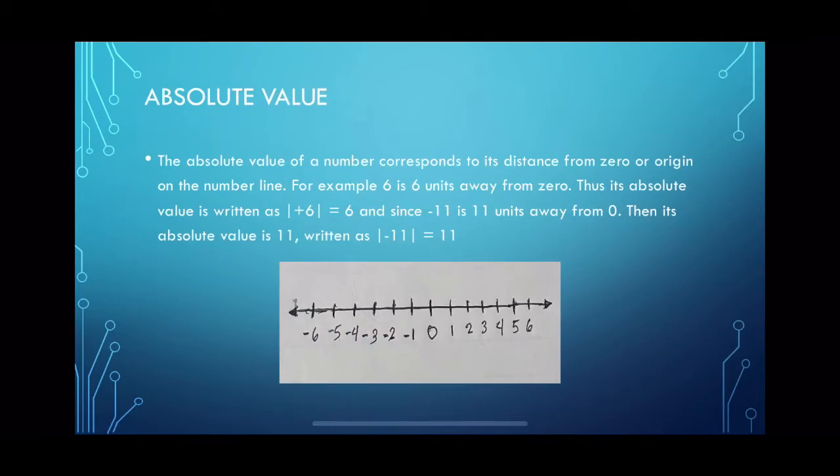So this is the number line. From the origin 0, we have 1, 2, 3, 4, 5, 6, and so on on the positive side. And from the left side, we have negative 1, negative 2, negative 3, negative 4, negative 5, negative 6, and so on for the negative side of the number line.